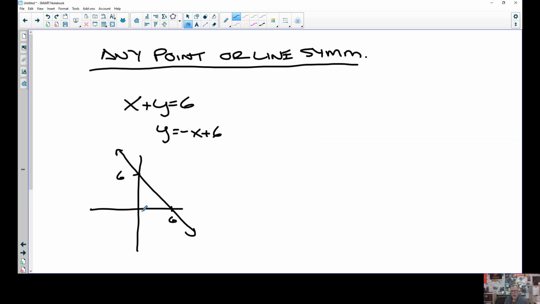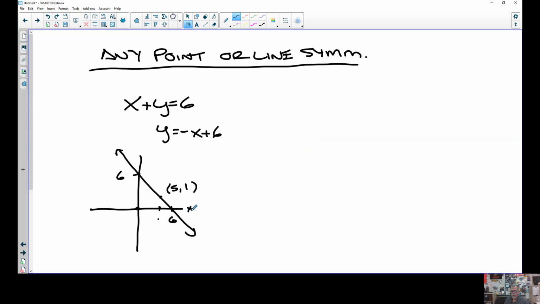So let's look at this. If we talk about origin symmetry, if I have any A, B, so for example, I know 5, 1 is on this graph, right? Let's use that as an example. 5, 1 is on this graph. Is -5, -1? No. All right, so let's look at x-axis symmetry. If 5, 1 is on this graph, then 5, -1 should be on this graph. It is not. That'd be down here, right?